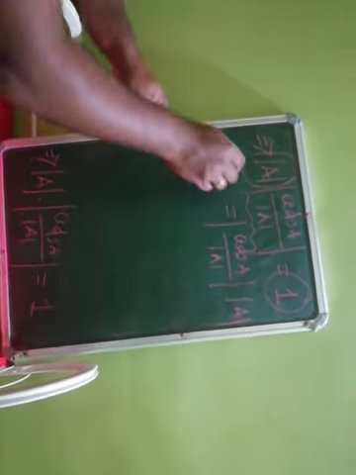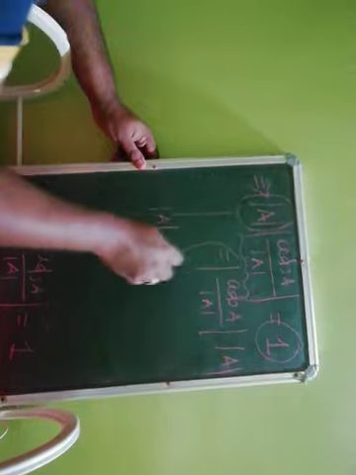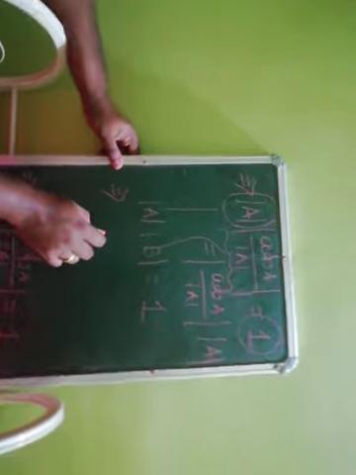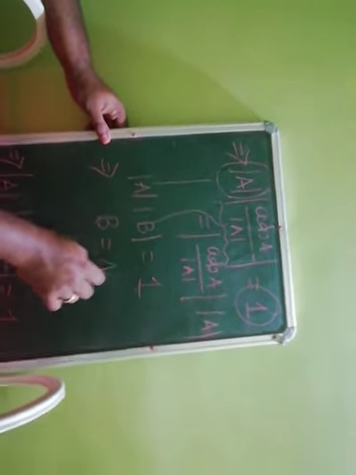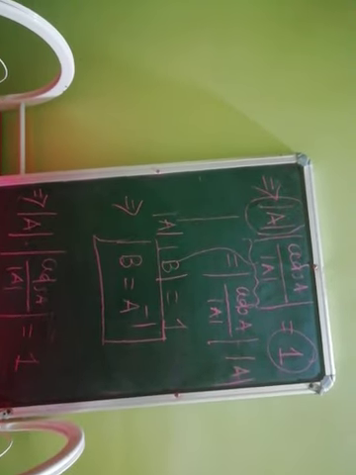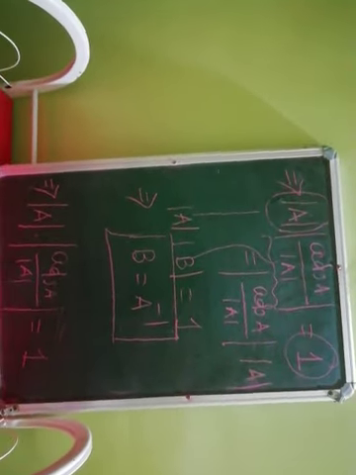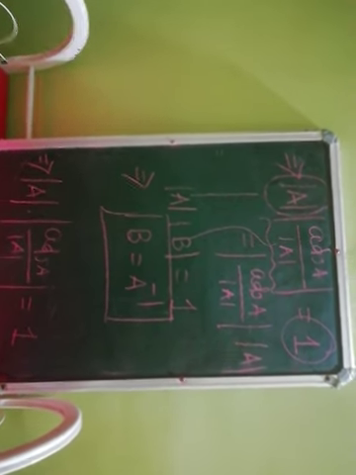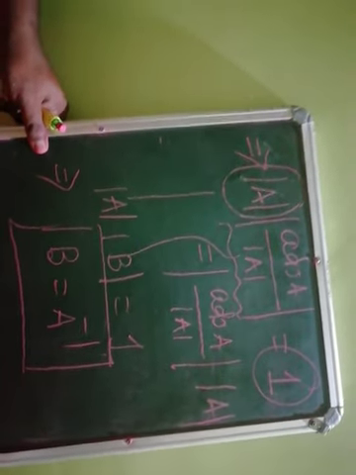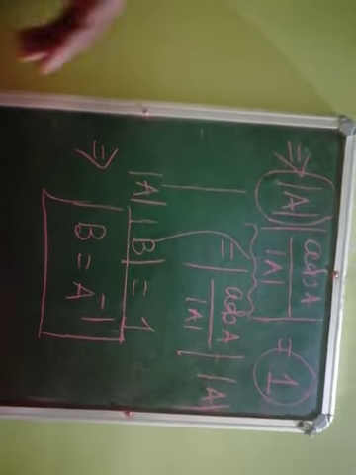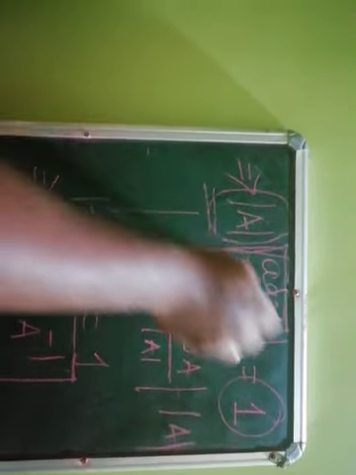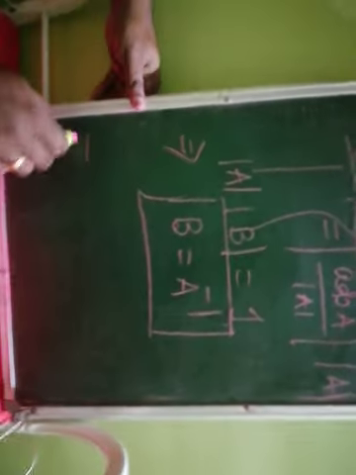So if this is determinant of A, this is determinant of B, this is 1. So here we can say that B is inverse of A, and from there we can get the formula to find the inverse of a matrix. Obviously this is the inverse of the matrix. This is A, this is B. So what is the formula here?